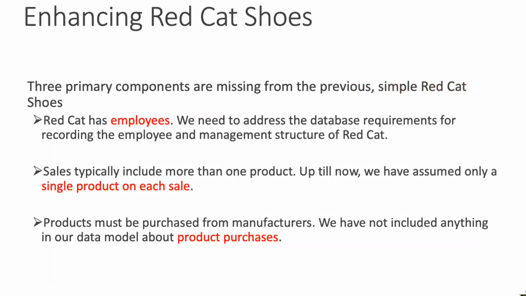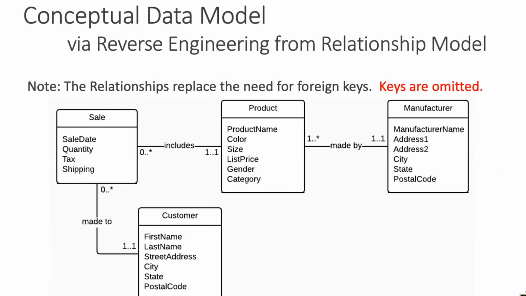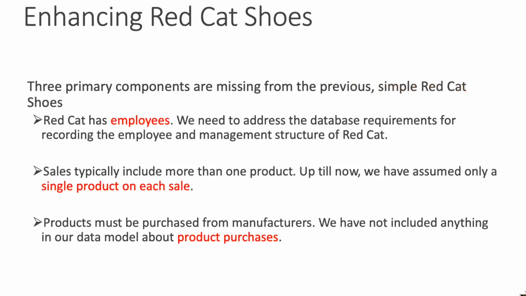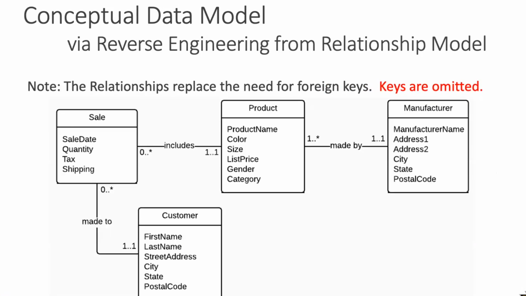But in this specific example, there are some issues. First of all, it is assuming that each sale can have only one product, which is not right. The sale could include multiple items. And for the product purchase, there could be an issue with the manufacturer.